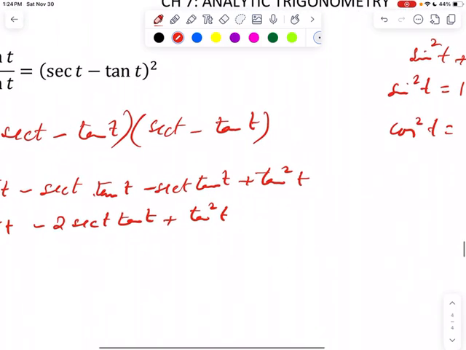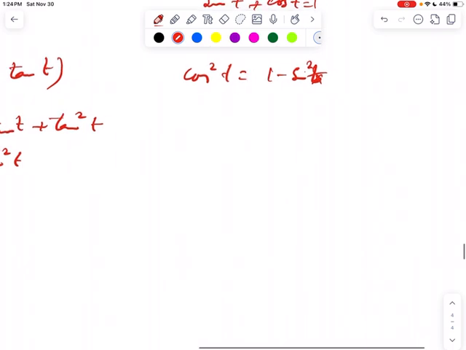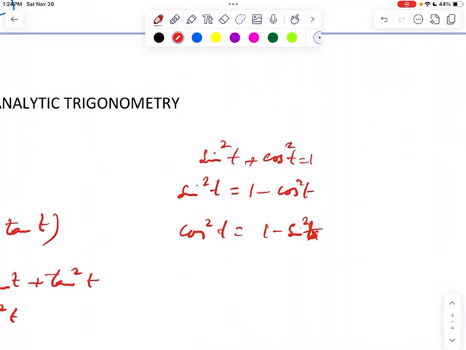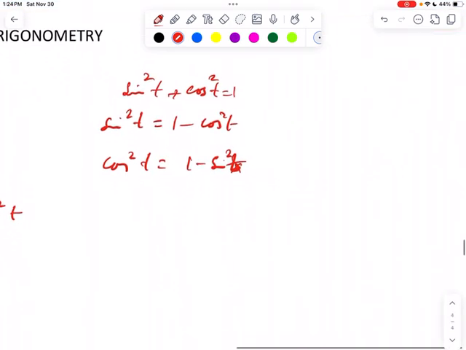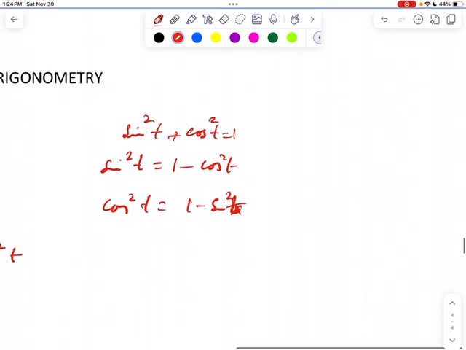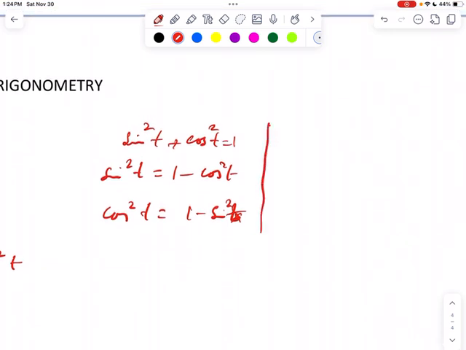Now remember, secant square t plus tangent square t is not 1. Remember our identities, if you recall. So the Pythagorean identity with secant and tangent was tangent square t plus 1 is equal to secant square t, which means if I have secant square t, I can replace it by 1 plus tangent square t.